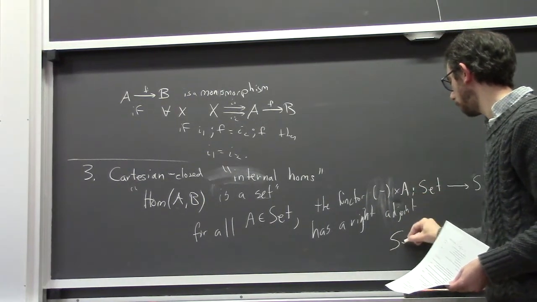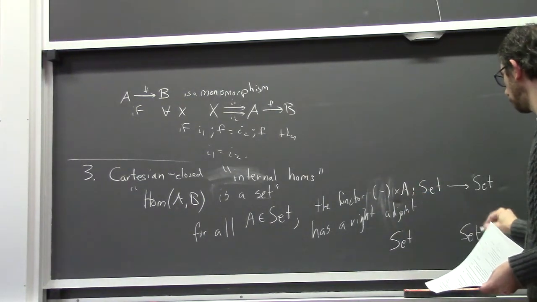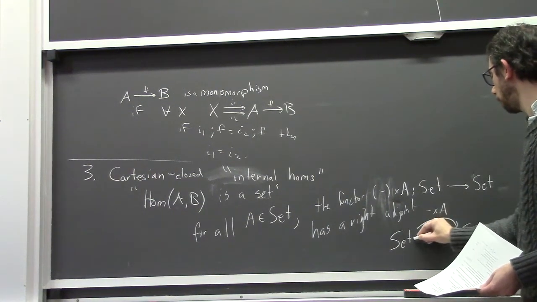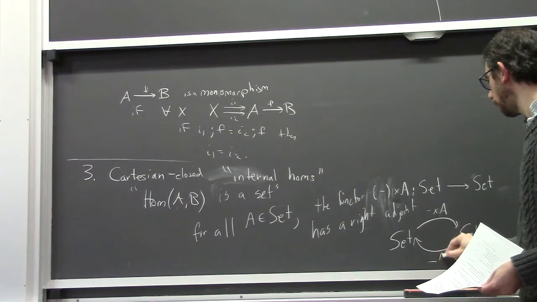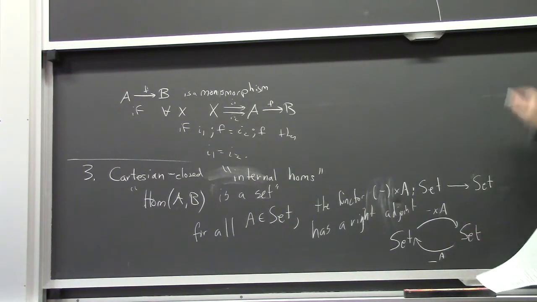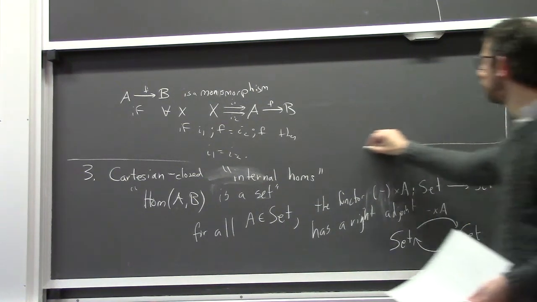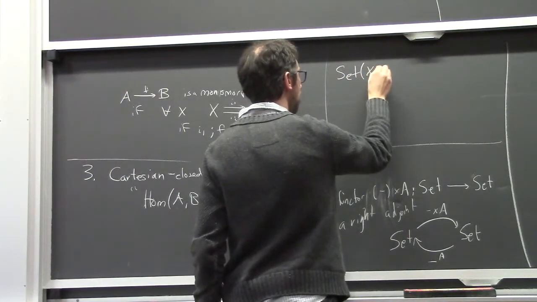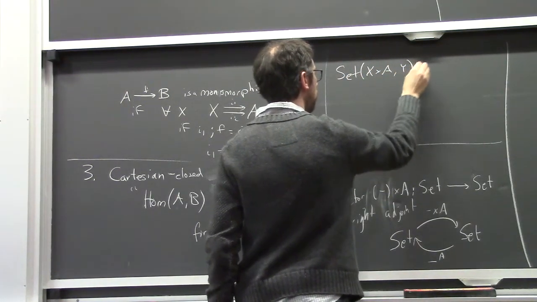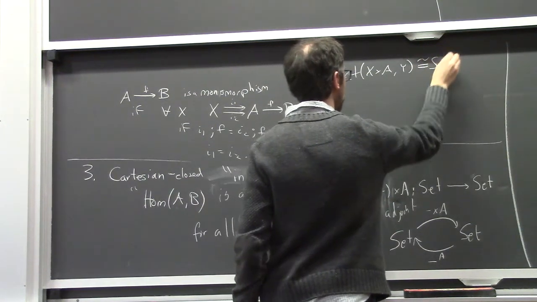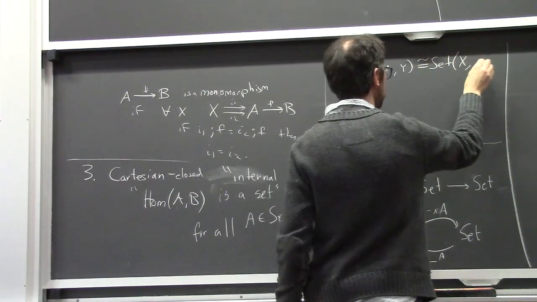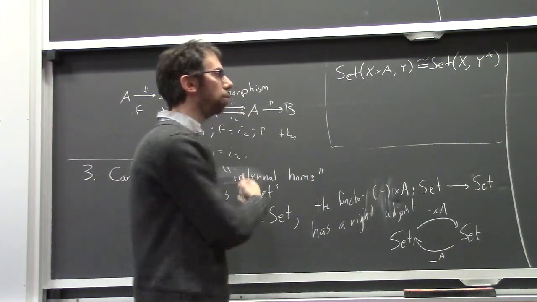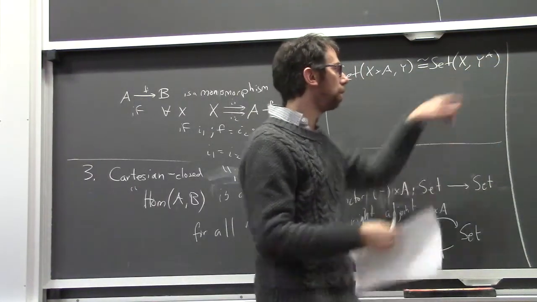So we have Set and Set, and we have times A, and the backwards thing is called blank to the A. Writing that out: the set of maps from X times A to Y is isomorphic to the set of maps from X to the set of functions from A to Y. That's what internal HOMs means, that this thing is the internal HOM.